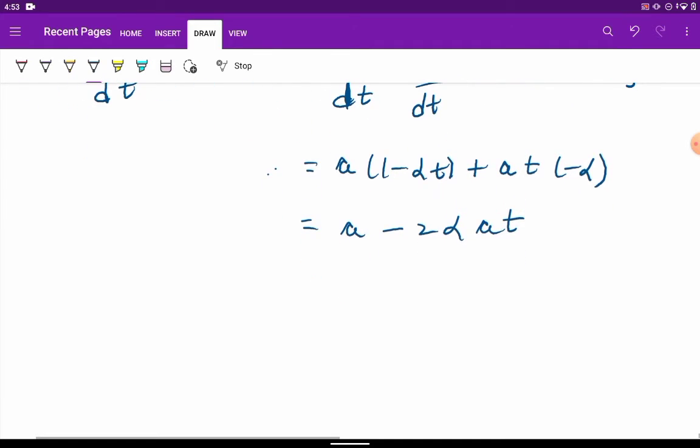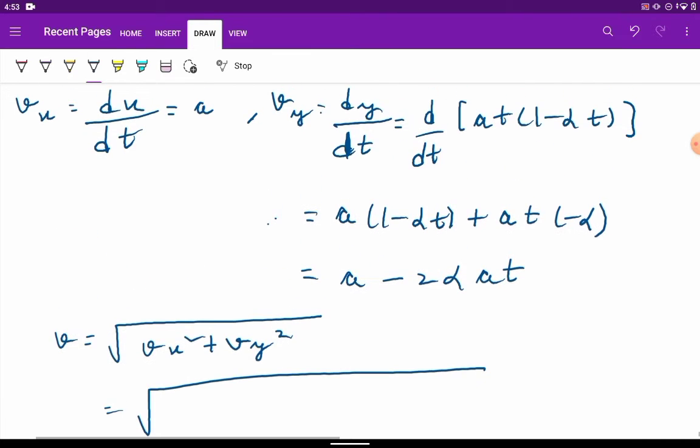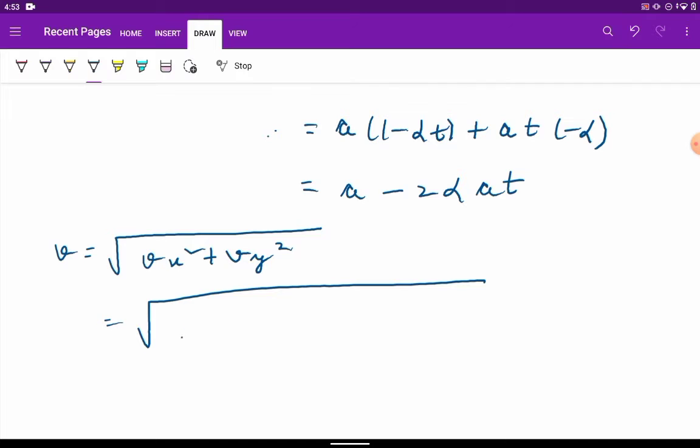The v magnitude will be root over vx square plus vy square, which gives root over a square plus a minus 2 alpha a t whole square.